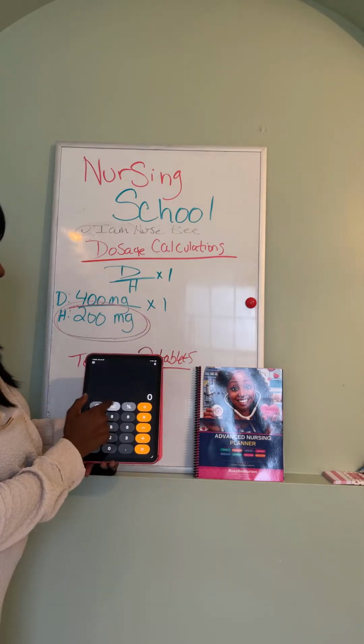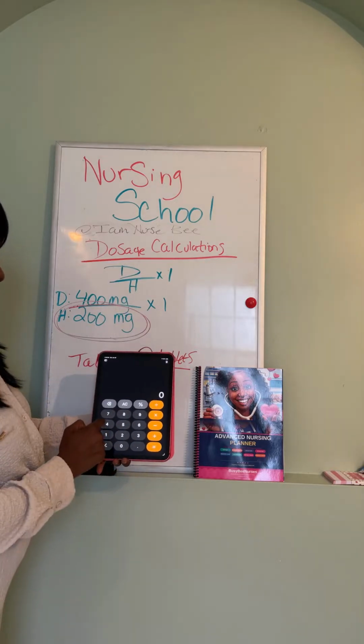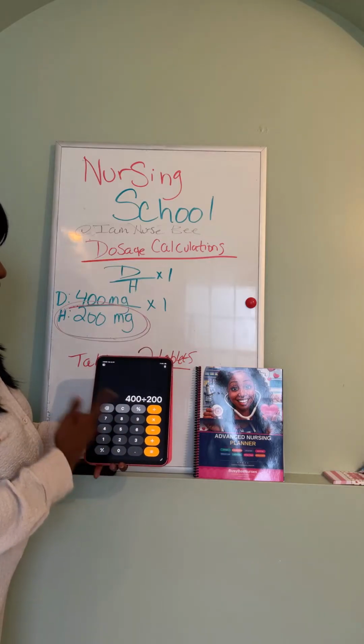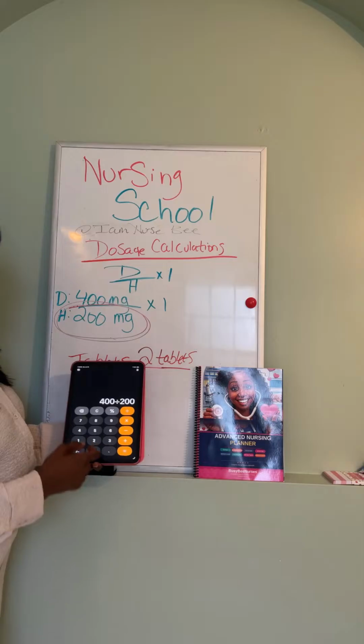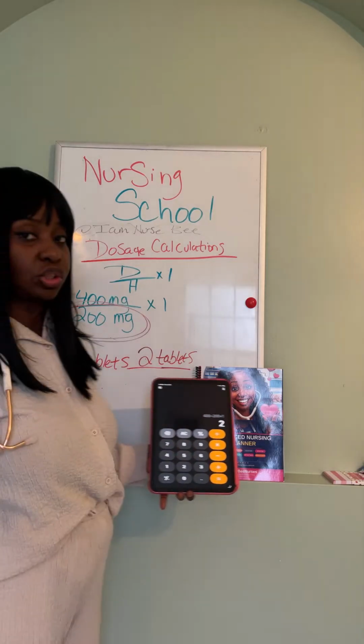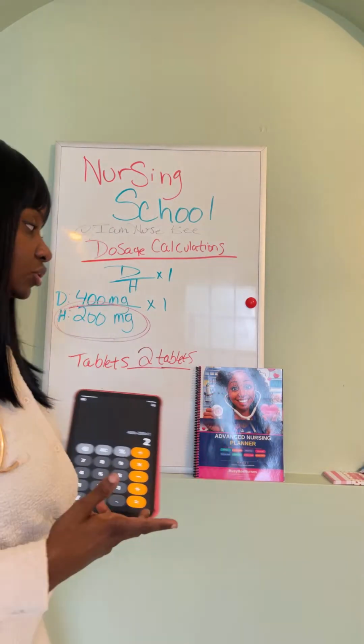I'm going to do it again for you guys so you can see. 400 milligrams divided by 200 milligrams of what we have on hand and what the doctor's ordering, times 1 gives you 2. So you will give that patient 2 tablets of the medication.